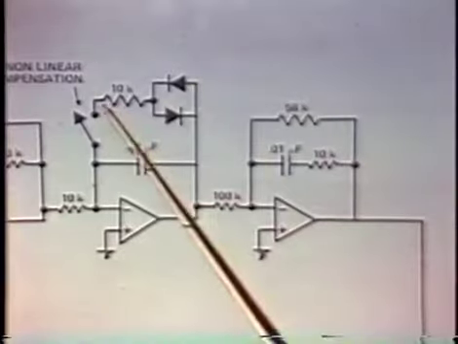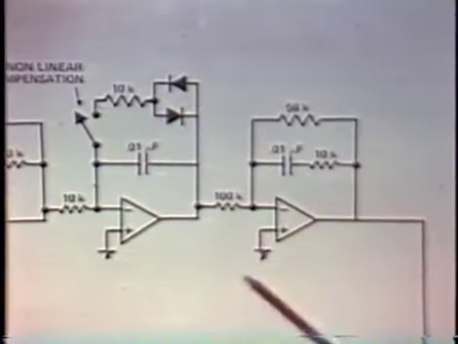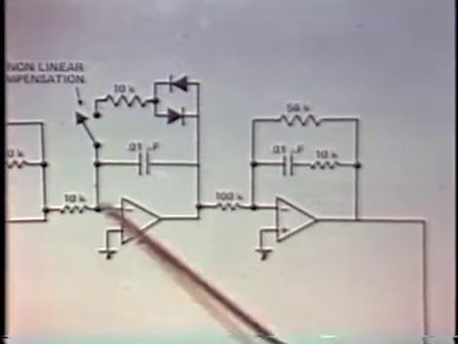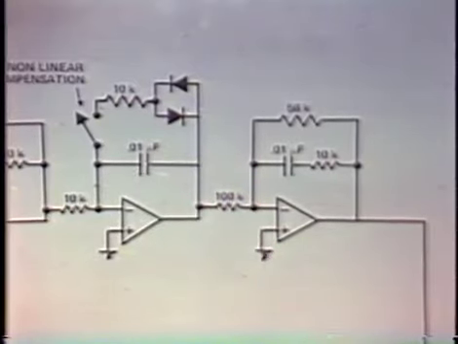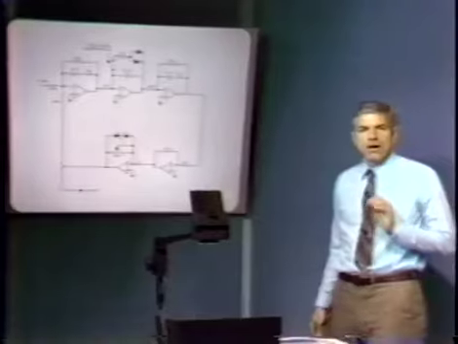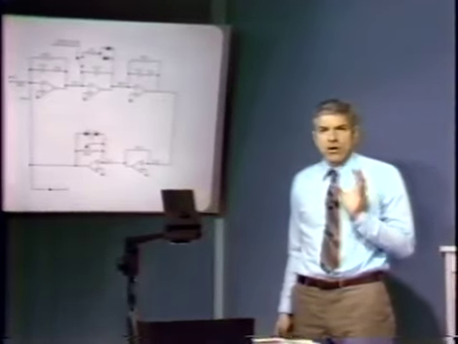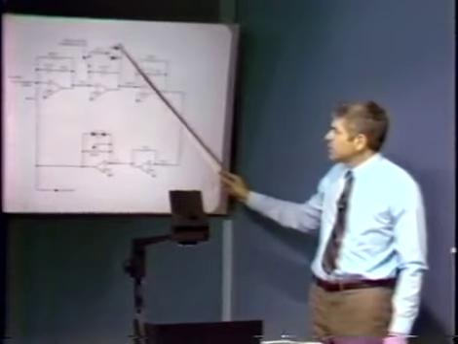Consequently, if we close this switch, what happens effectively is that when the system is oscillating, or tries to oscillate, we don't have an integrator. We have the 10K resistor shunted across the feedback capacitor. So we have an interesting sort of adaptive compensation. When the system is behaving normally and signal amplitudes are small, these diodes are open circuits, we can have the switch closed, and nothing happens.